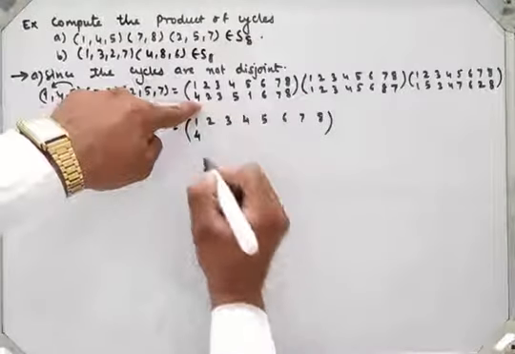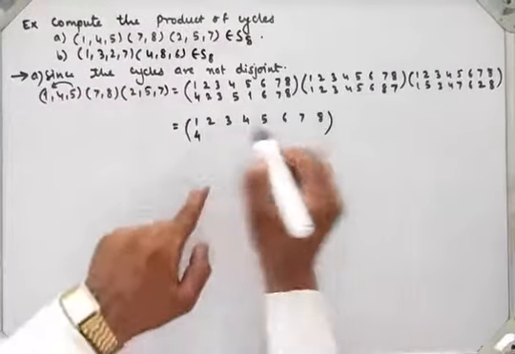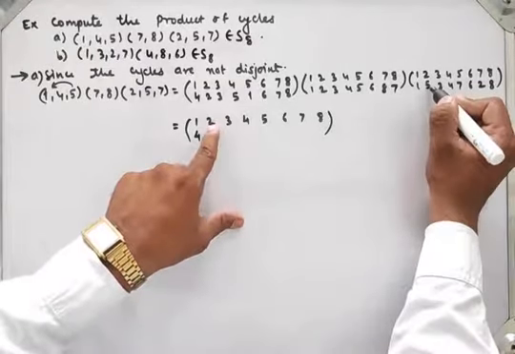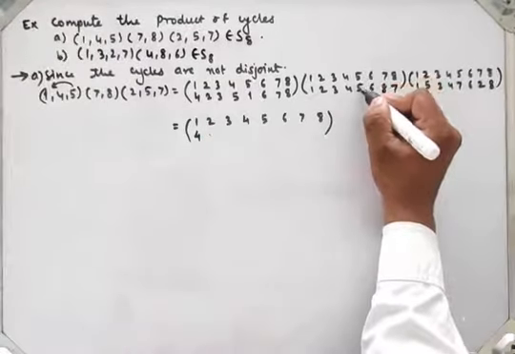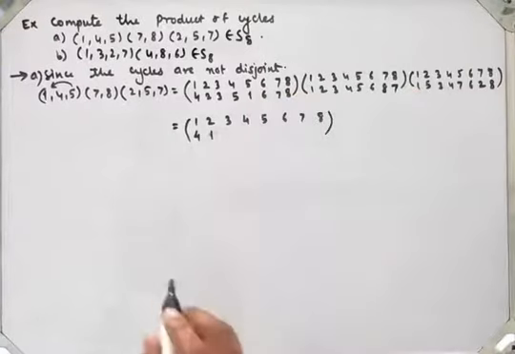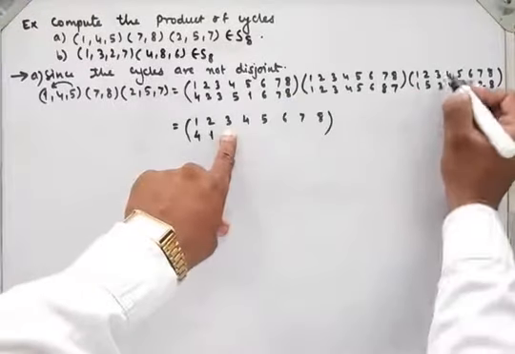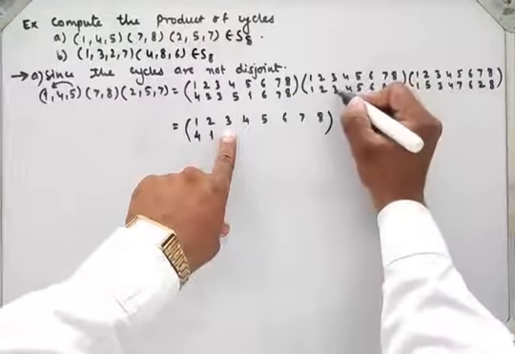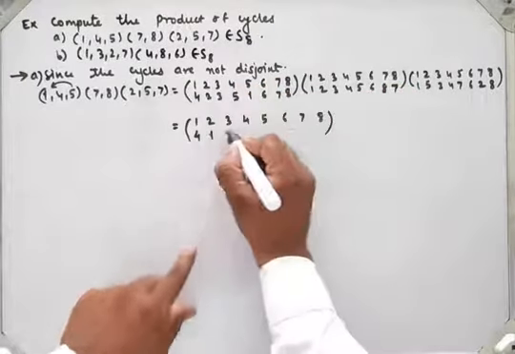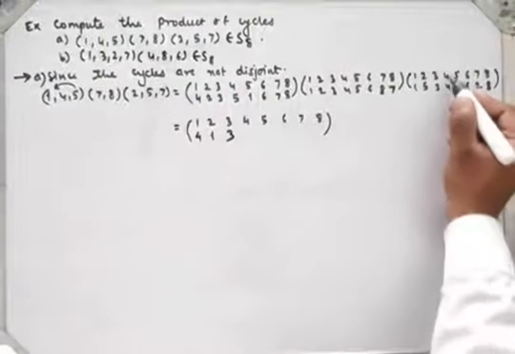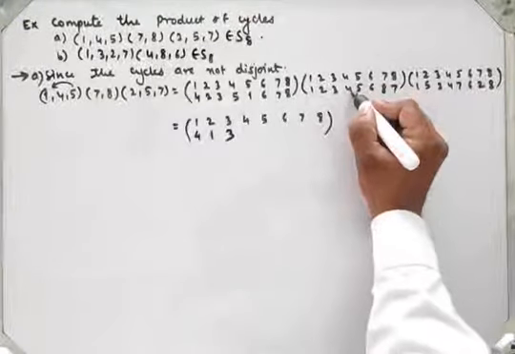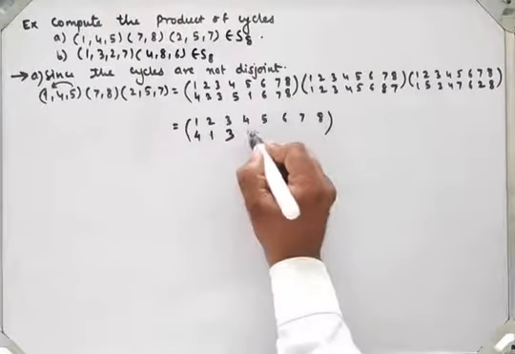So here is 4. Next we start 2. 2 goes to 5, 5 goes to 5, and 5 goes to 1. Next 3 goes to 3 throughout, 3 is as it is. Then 4 goes to 4, 4 goes to 4, 4 goes to 5.